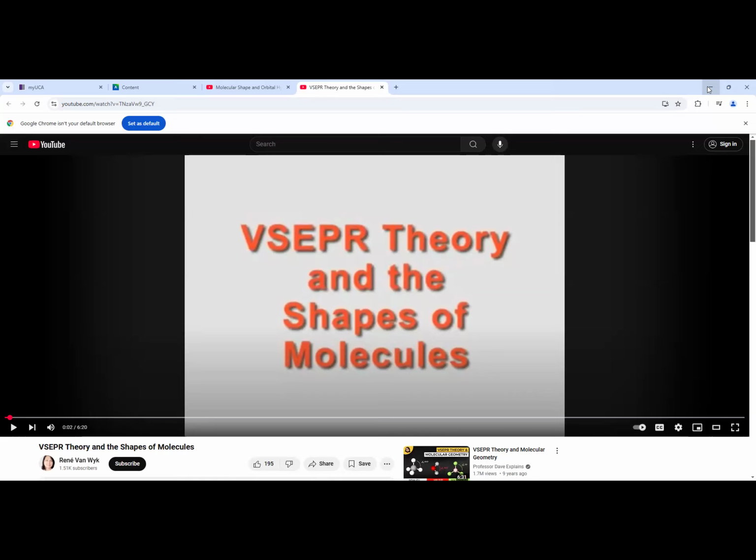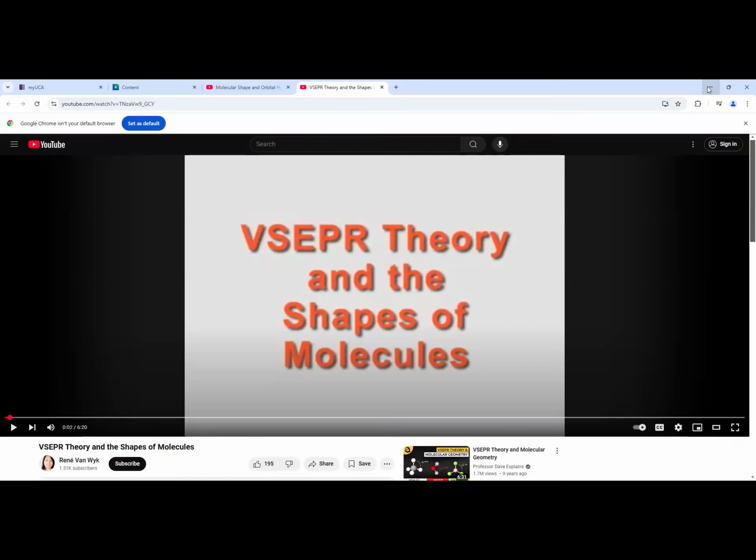Finally, we have an octahedron, which is on page 3. An octahedron occurs for the electron geometry anytime there's 6 things, whether those are lone pairs or single bonds or double bonds.